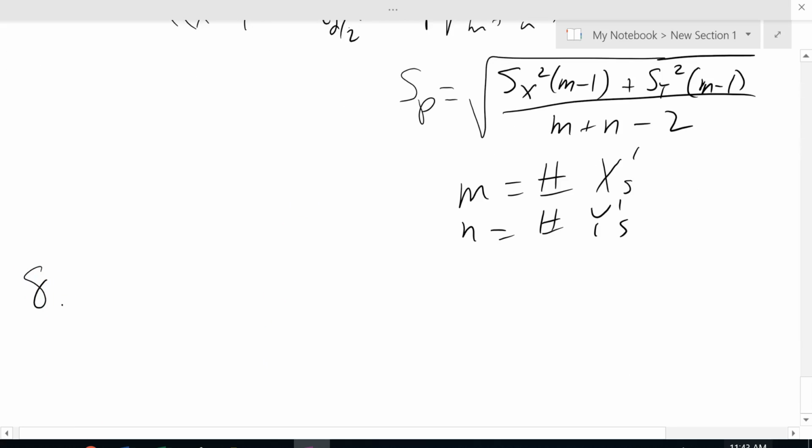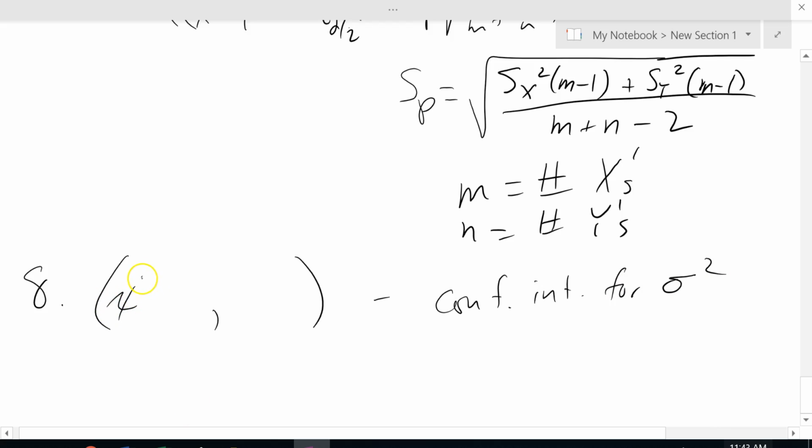Move a little faster. Confidence interval for variance. What did we have to do? So we had confidence intervals for variance. We had to do chi squared of 1 minus alpha over 2, and a chi squared of alpha over 2.